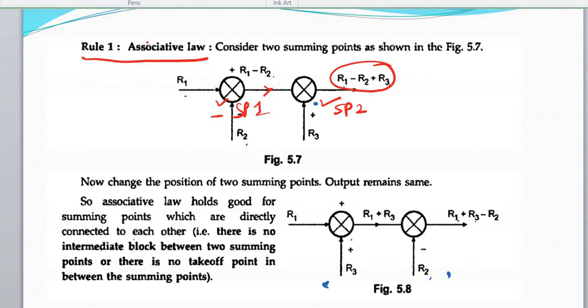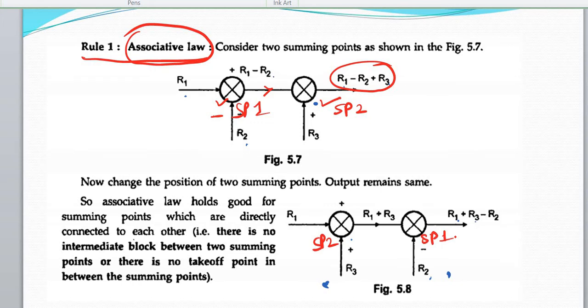In this case, as per the associative law, these two summing point positions can be interchanged. The right one can be brought to left, the left one can be brought to right. If we do that, see what happens. This is the situation. That is, this is summing point 2 now, and this is summing point 1.